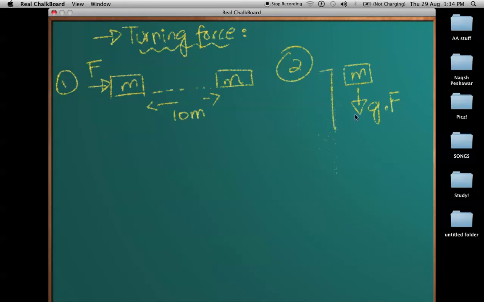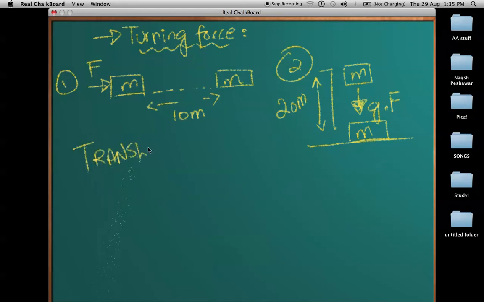When it's falling, it covers a distance and eventually falls to the ground, covering, let's say, 20 meters because of the action of the gravitational force. All of this change in distance because of the force is known as the translation effect of a force.